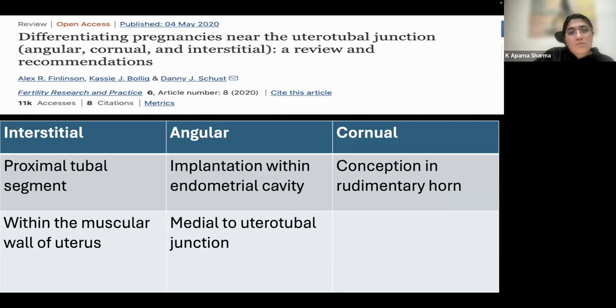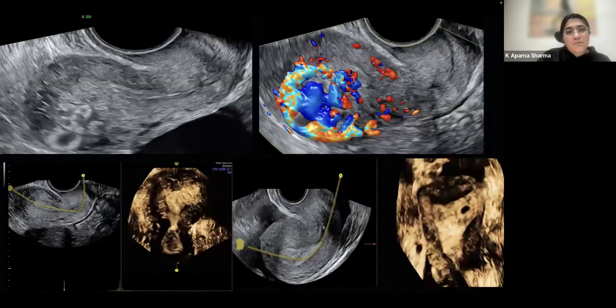Only interstitial pregnancy is a type of ectopic pregnancy, and we need to look for the interstitial line sign, which is difficult to demonstrate, but on 3D coronal plane images, we can make it out in some of them. There will be a partial thin rim of myometrium surrounding the gestational sac. But it's an emergency.